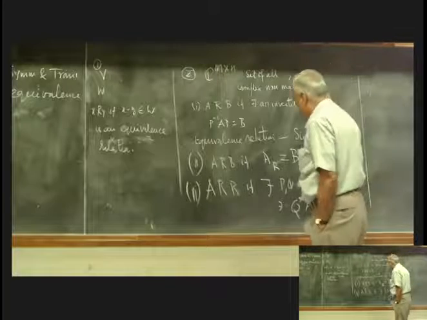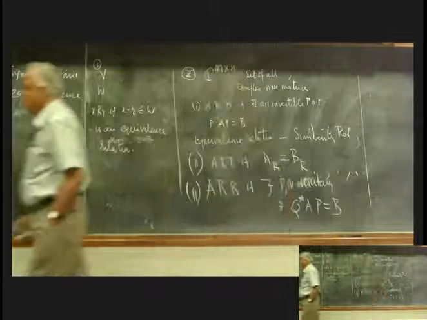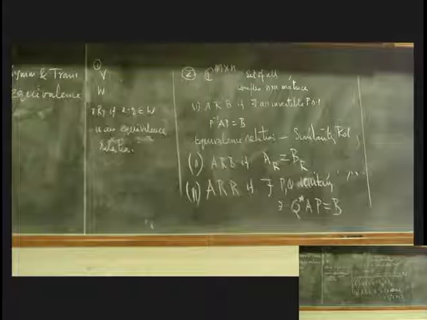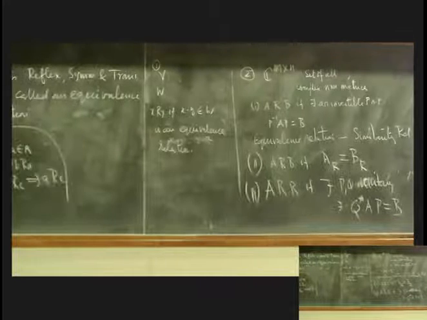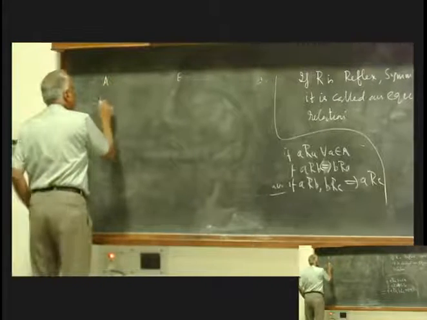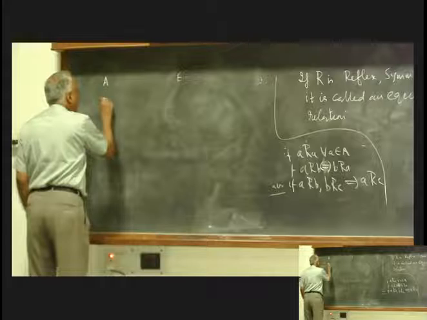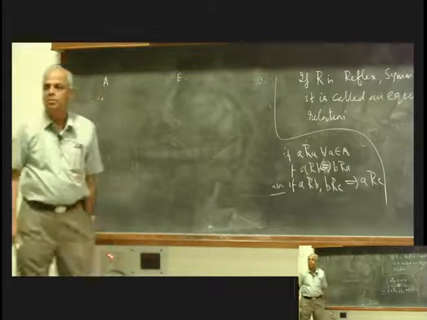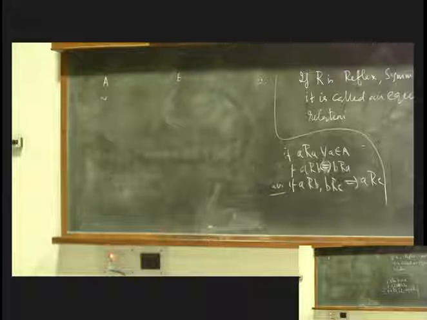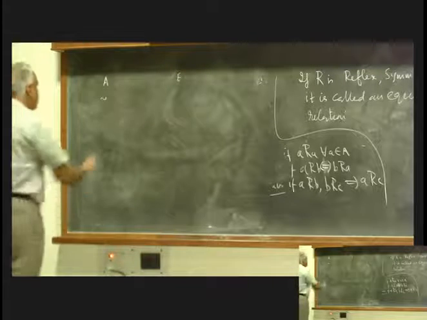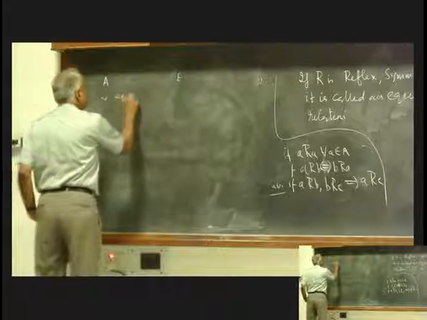Okay, right. So now, what is this basic idea of equivalence relation? Suppose A is any set. From now on we'll denote an equivalence relation with this symbol, instead of writing R. Whenever I write it, that means it is an equivalence relation.